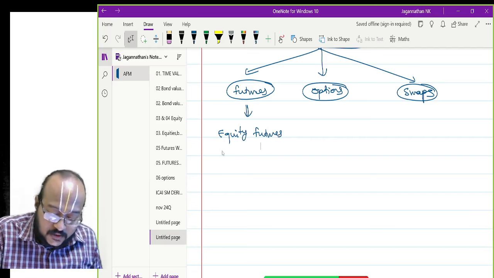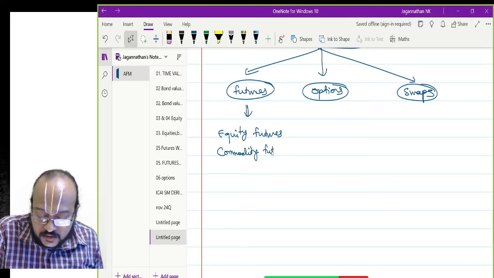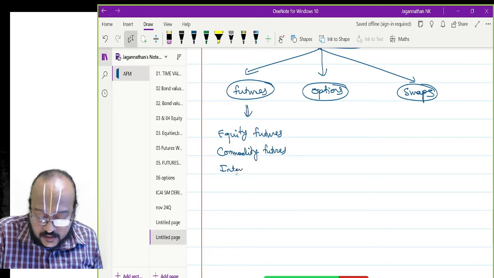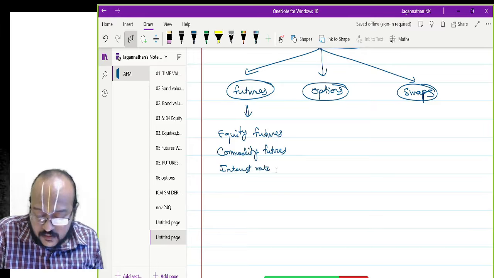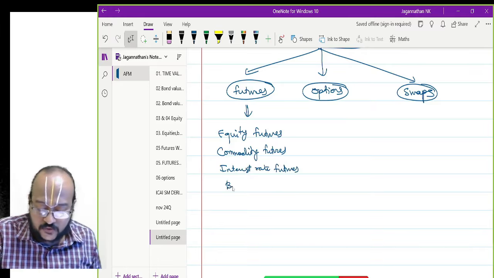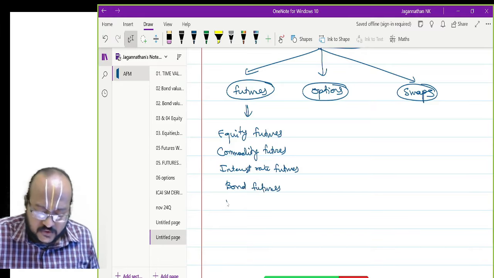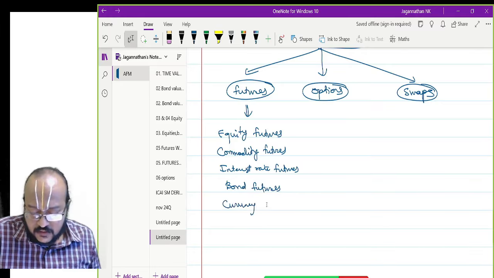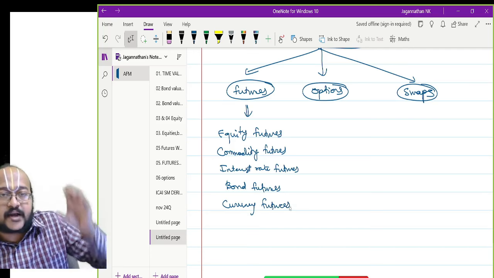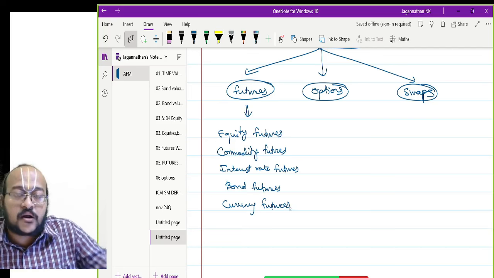Then there are commodity futures, interest rate futures, bond futures, currency futures. These many futures subcategories are there in your syllabus.